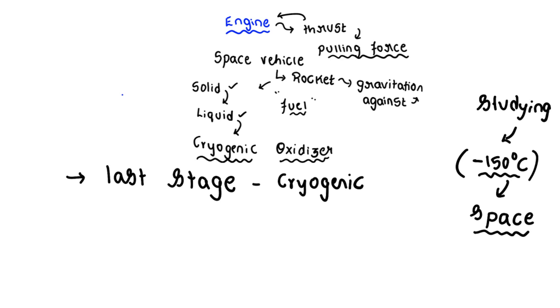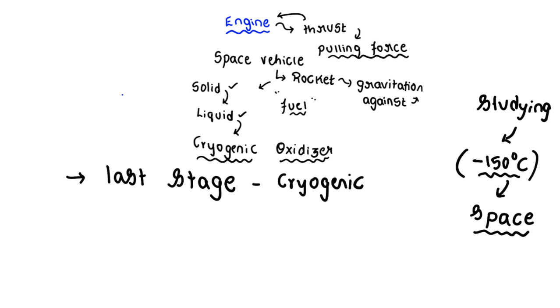Clear? Are you getting the importance of cryogenic? So cryogenic stage is technically a much more complex system compared with the solid and liquid fuels or propellants. Clear? Yes. A cryogenic engine provides more force than what would be produced by solid and liquid propellant rocket engines.